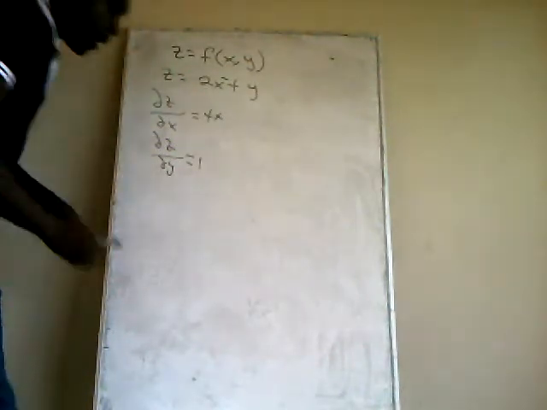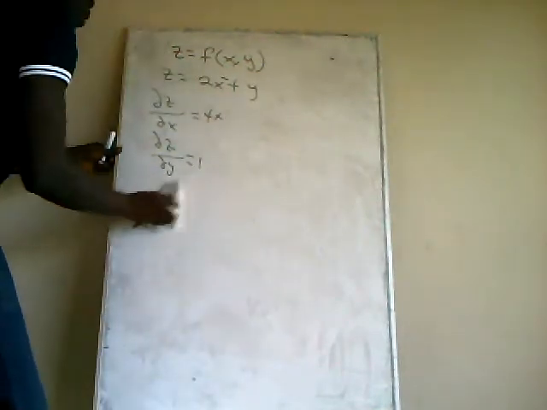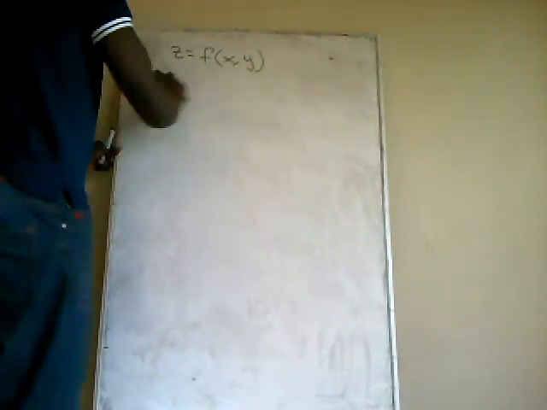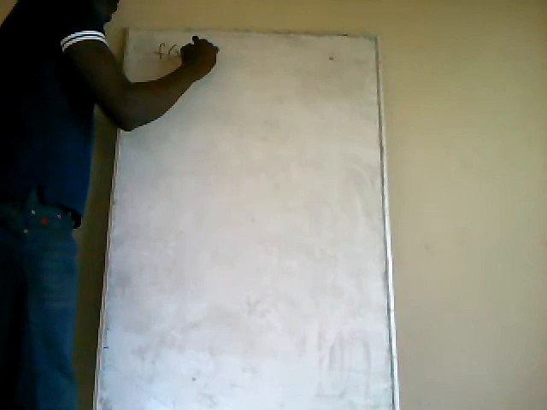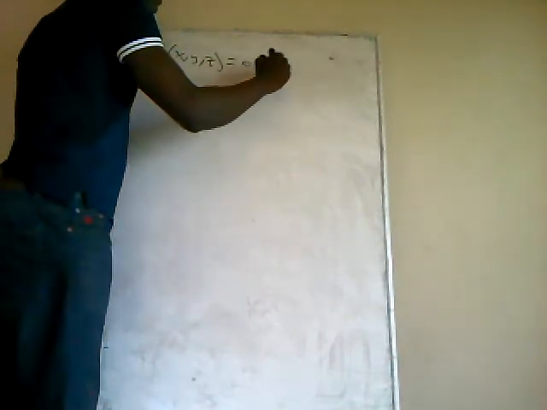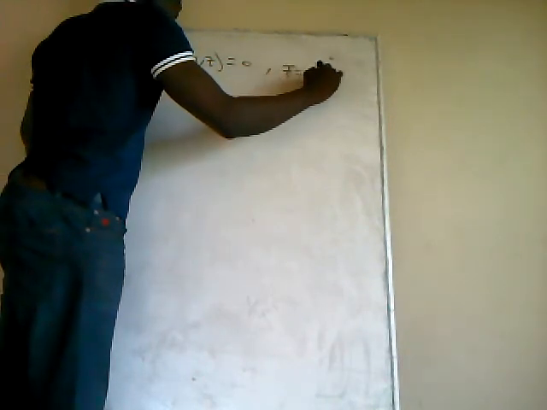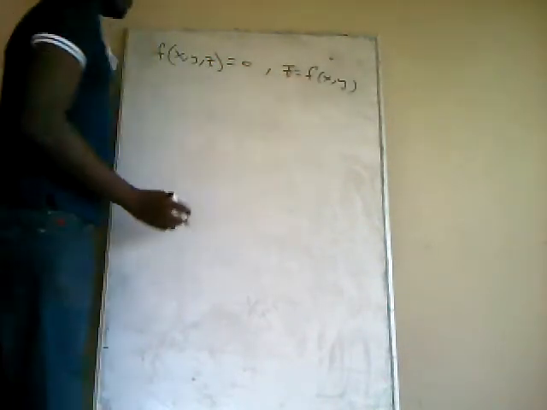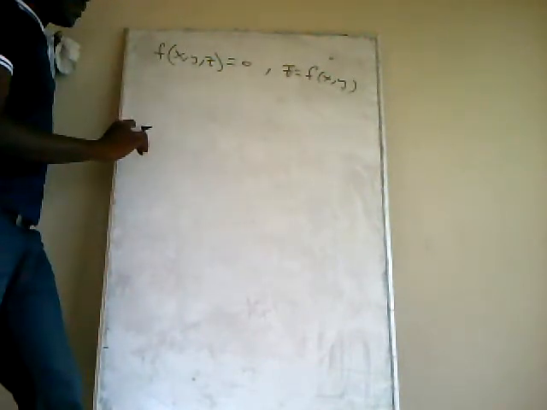But if f of x, y, z is equal to 0, where z is a function of x and y, then we say that this is an implicit function.